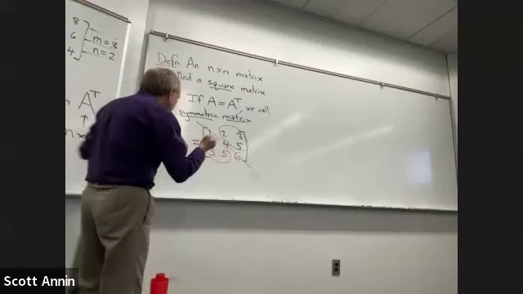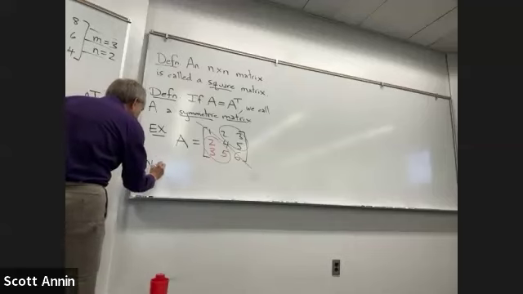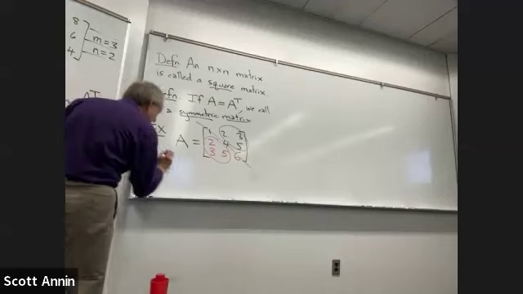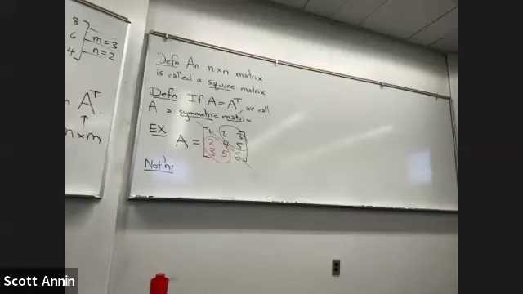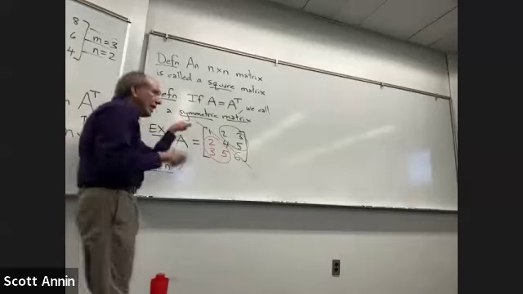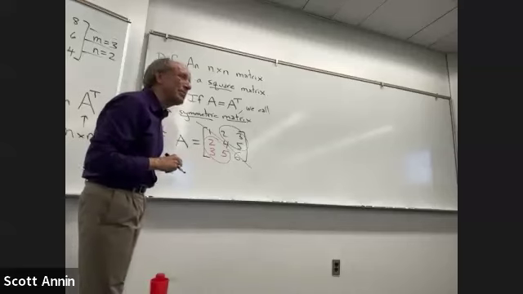Just to help us with a little bit of notation as we're talking about this, I'm going to add a quick little point here. This is not a huge deal, but sometimes I like to reference certain entries in the matrix.